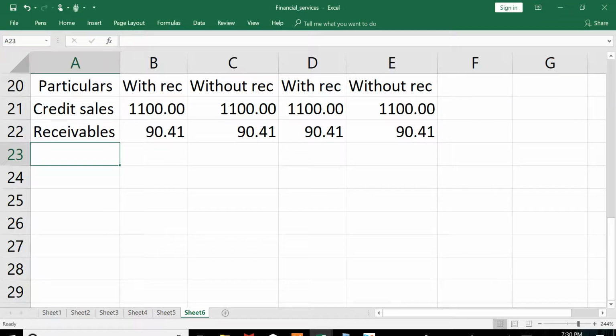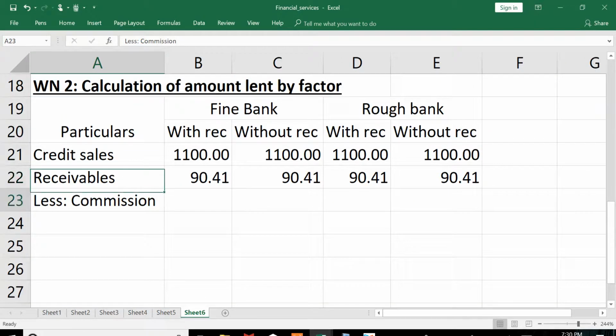Receivables we have got, less commission. You deduct the appropriate commission for the various scenarios. Fine, bank with recourse, what commission? Without recourse, what commission? Rough bank with recourse, without recourse.